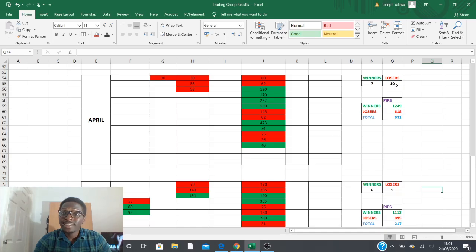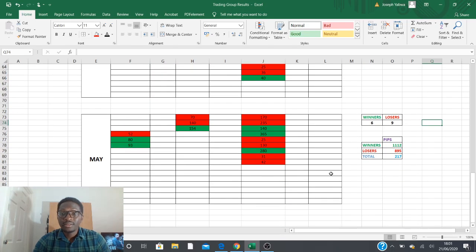Winning percentage of less than 50%. But what do you see in terms of the pips? The winners, 1,249 pips, losers 619. Still ended up making 631 pips because of the amazing risk to reward ratio that this strategy gives you.